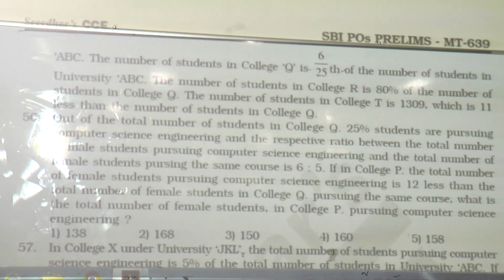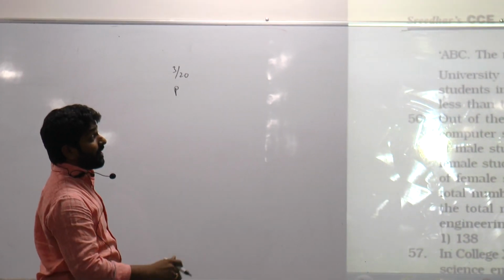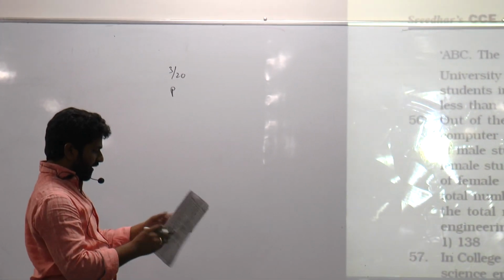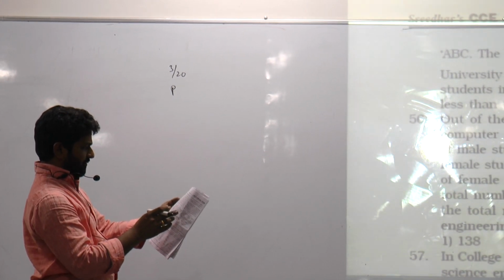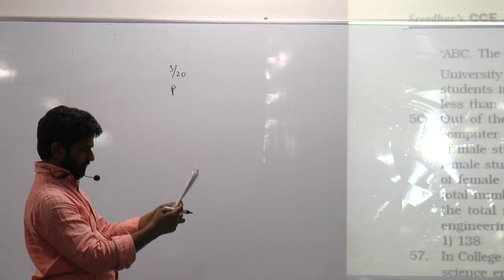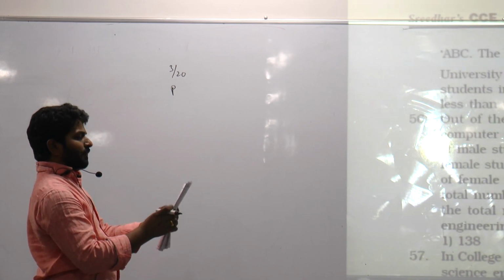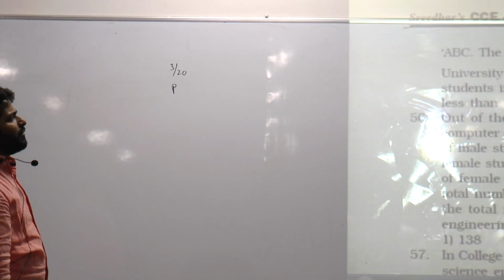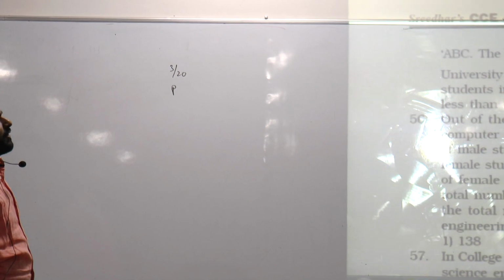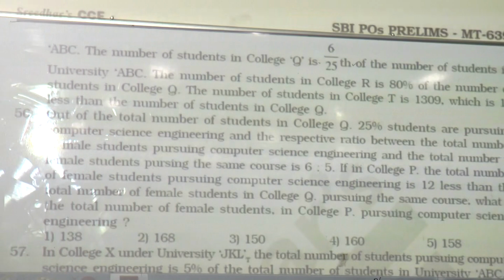So P occupies what? 3/20th. Number of students in college Q is 6 by 25th of the total number of students in ABC. So from Q we will be having 6 by 25th.